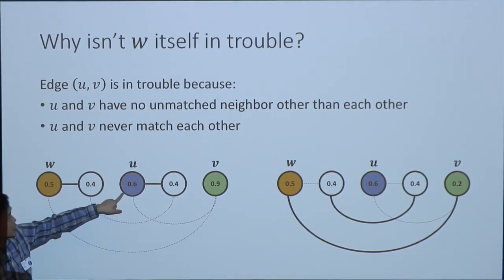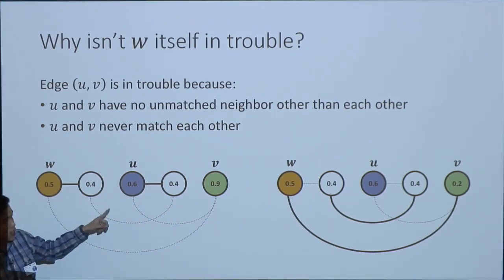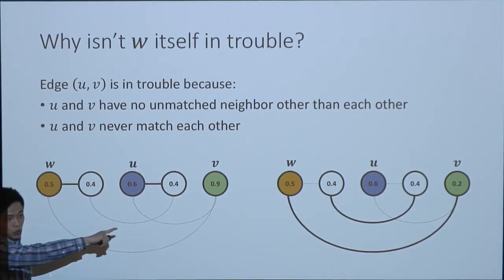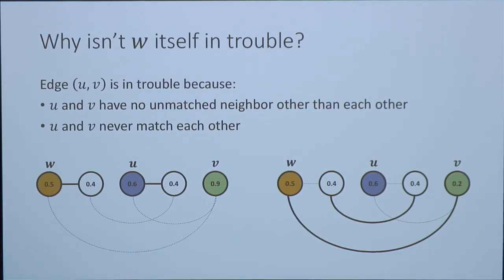And if u has some unmatched neighbor outside the alternating path, then on the right-hand side case, u shouldn't be the last vertex of the alternating path, and u cannot be that bad as unmatched. So u and v must have no unmatched neighbor other than each other, and also u and v never match each other when v's rank changes. So both of these conditions must be satisfied in order to get that worst case bound on their total gain.